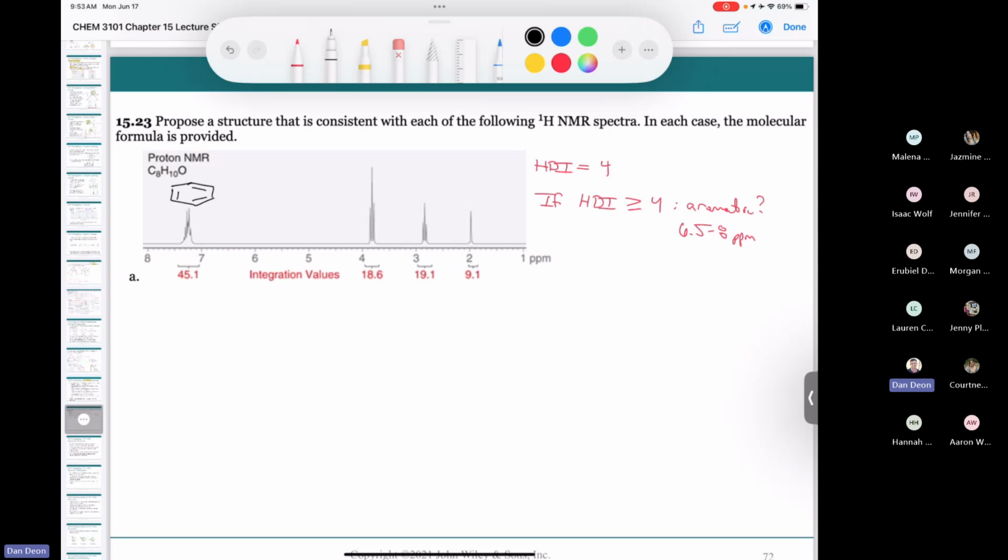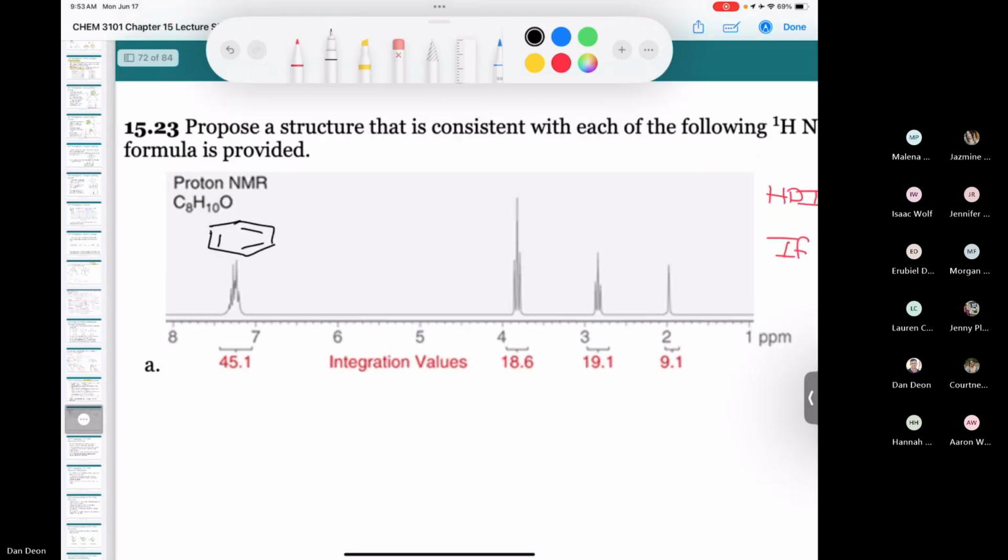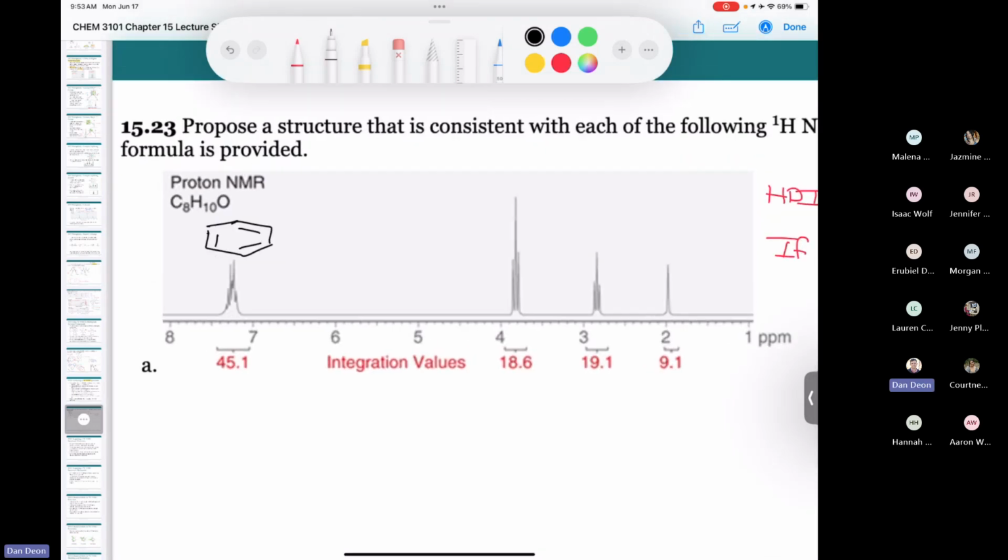Next thing we'll do is, could anybody tell me how many signals are there? Based on what we've learned, how many signals do you see in this spectrum? I'm not talking about quartets and triplets, I'm talking about how many individual signals. There are 4.